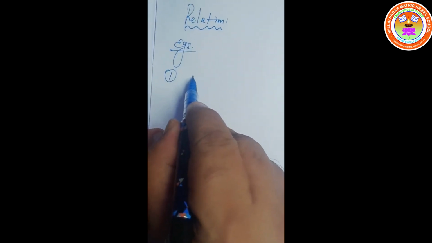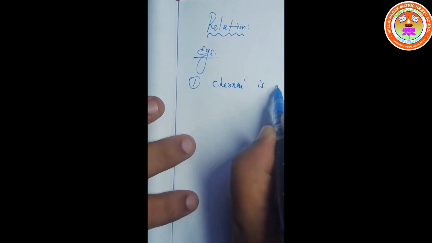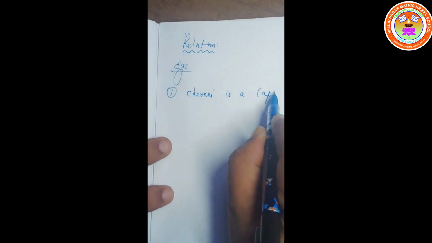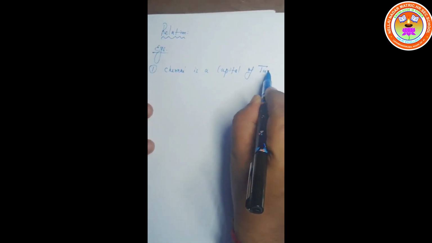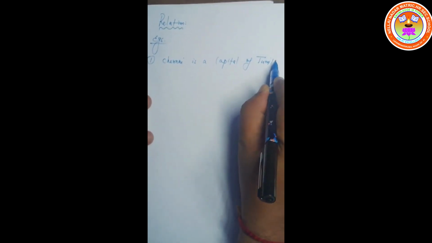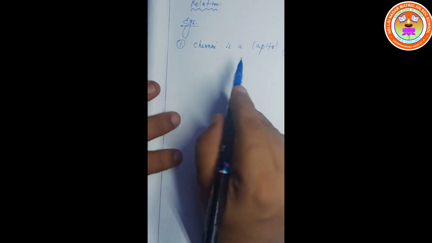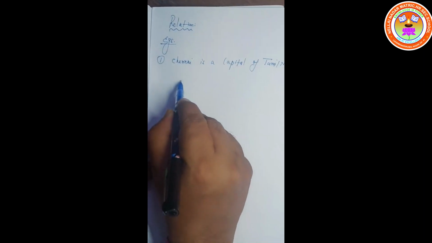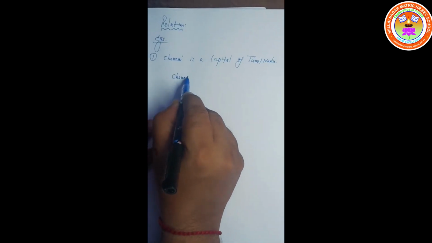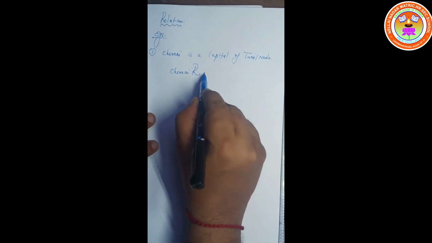I take Chennai is a capital of Tamil Nadu. So how will you write symbolically? Chennai is related to Tamil Nadu.